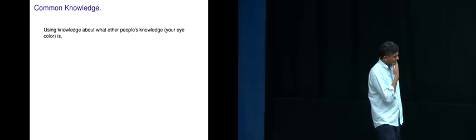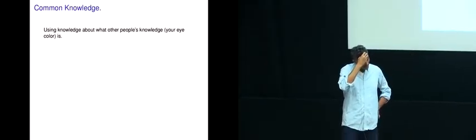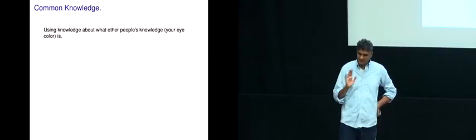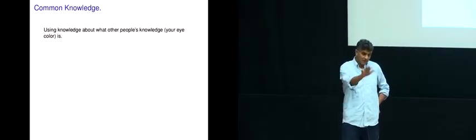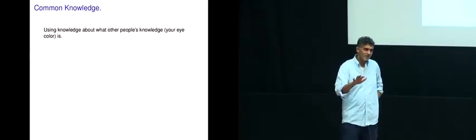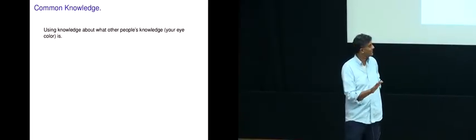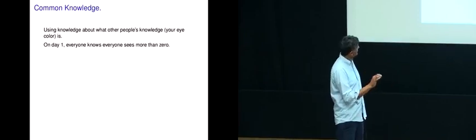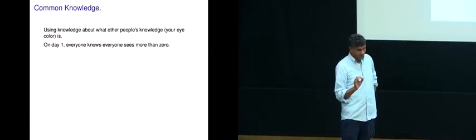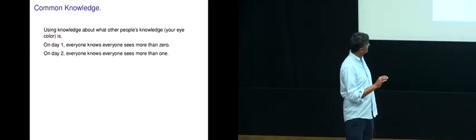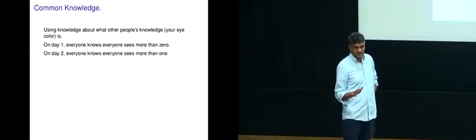Okay, so there's this notion of common knowledge. It's like I know what other people know, what I know that they know, that this is all going on, right? You see this happening. If all those other people knew this, they would have done this to themselves, right? So on day one, everyone knows everyone sees more than zero. On day two, everyone knows everyone sees more than one.